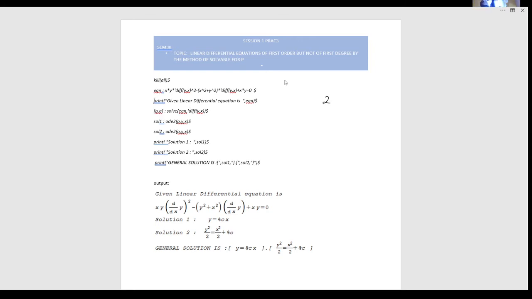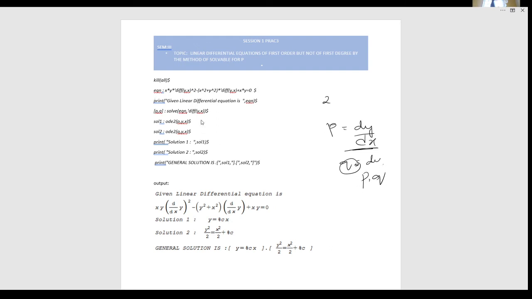On solving, we have got two solutions. P is nothing but dy by dx. On solving this equation, we get one solution, and Q is also a part of that equation when we write dy by dx as P. So P into Q gives the complete solution.